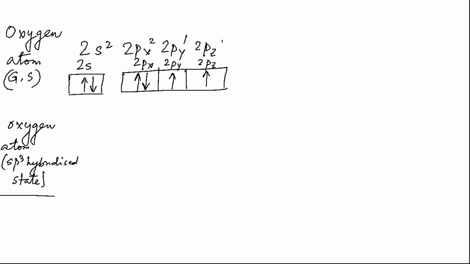So in the sp3 hybridized state, we can say that the 2s orbital overlaps with the 3 2p orbitals that we have, giving rise to the formation of 4 sp3 hybrid orbitals.